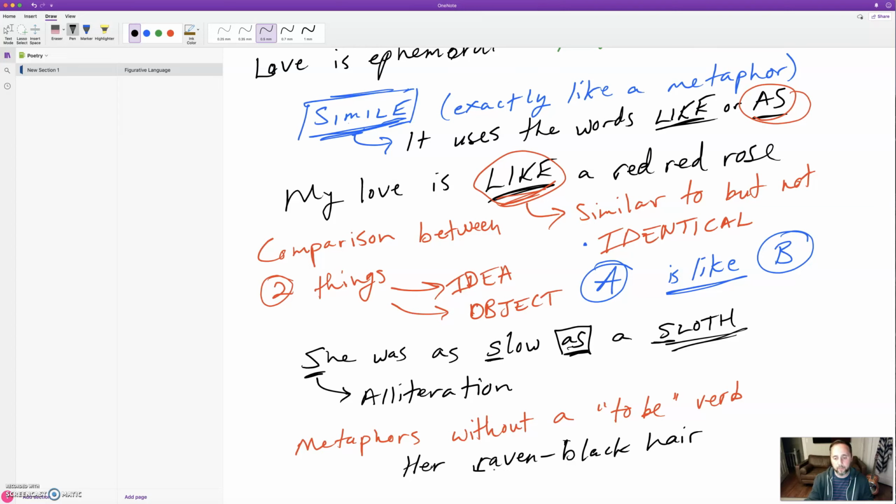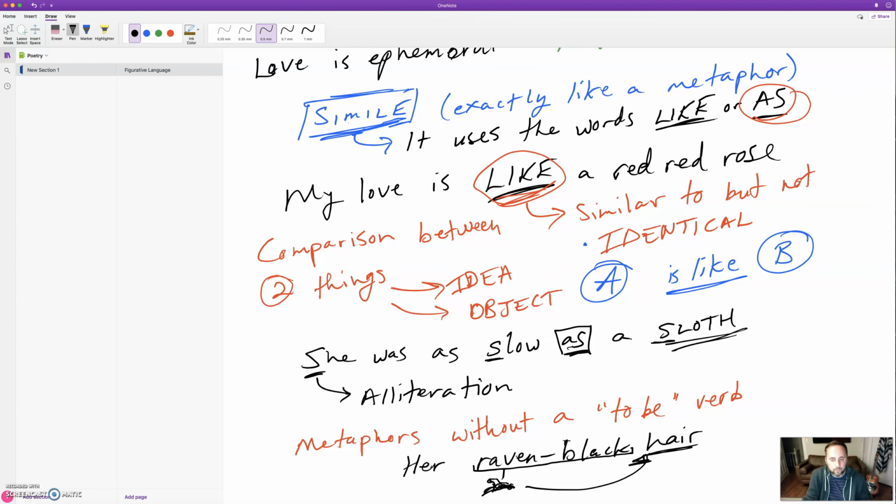So, but raven black is the metaphorical term because we're comparing to this, raven bird. Okay, that's my raven. Alright, it doesn't really look like a raven, but whatever. Okay, so that raven bird, the blackness of the raven's feathers are what her hair is being changed into, raven black hair. It doesn't say like raven black hair, it becomes it.